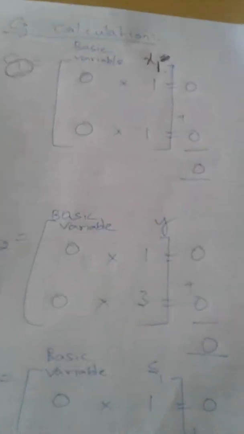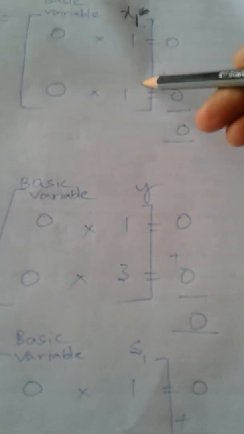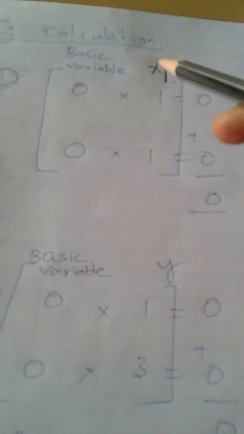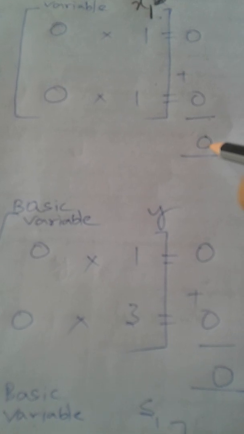If you have to see, this is 0 and 0, this is 1 and 1. So for the C1 calculation, we are going to consider these two columns, 0 and 0, 1 and 1. When we multiply these two, we get this value, and when we add this, we get 0.